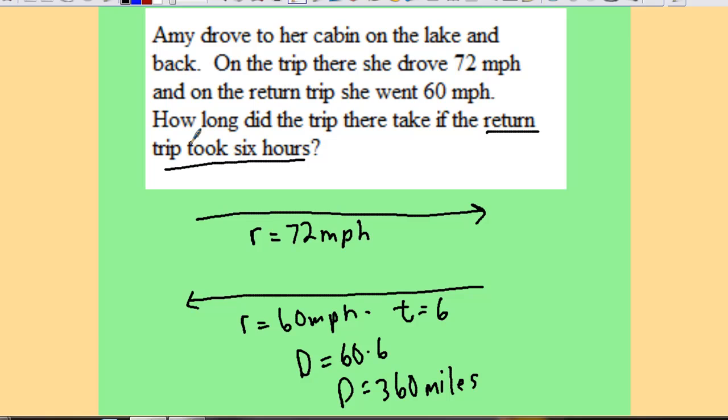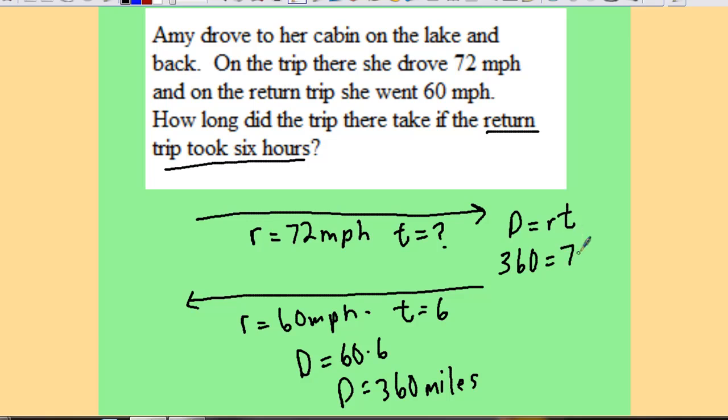And the question that they really want you to answer is, how long did the trip there take? So what we're trying to find then is this. But we now have enough information to be able to use D equals RT. We now know the distance traveled was 360.